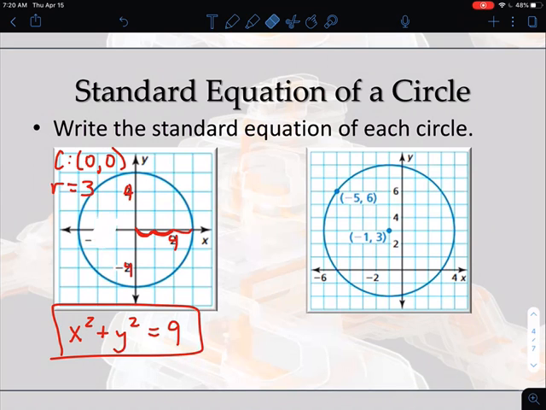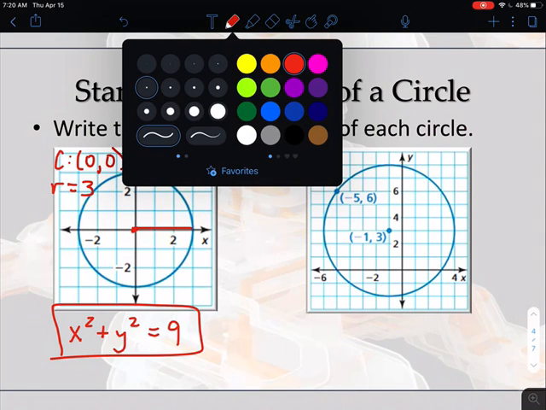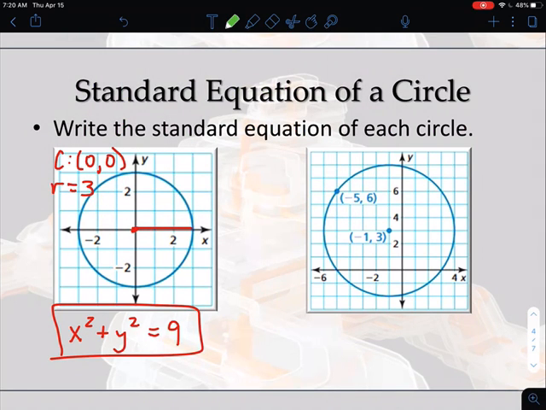Really pay attention to the numbers they give you in the graph, because those tell you exactly what to count by to get that radius. Once you have the center point, count straight to the right for your radius and plug it into your formula accordingly. Same thing on this other example here.